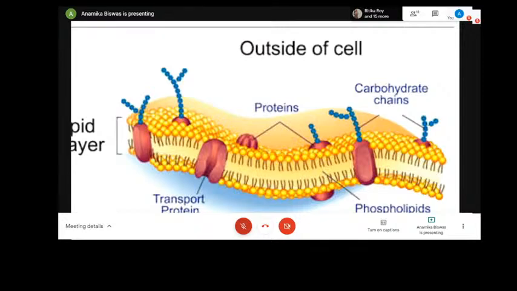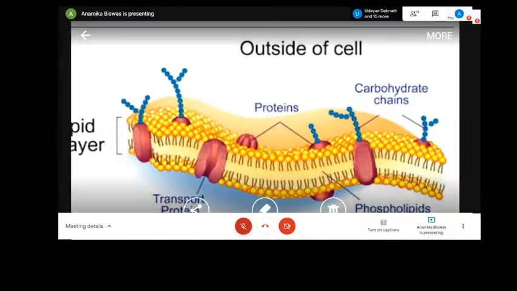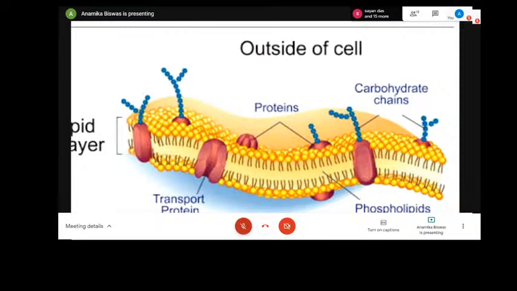Now this membrane protein can be classified into two groups. One is integral proteins, another is peripheral proteins. Integral proteins have stronger association with the membrane, and these proteins are buried partially or totally in the phospholipid bilayer.